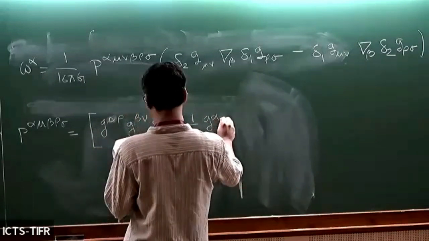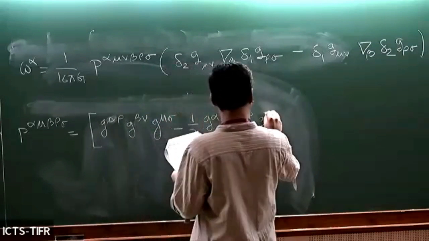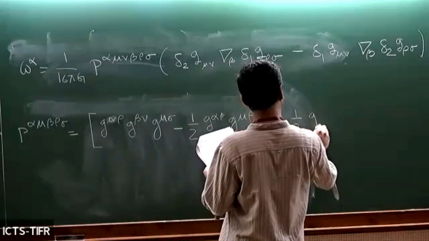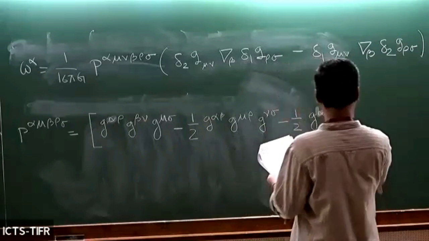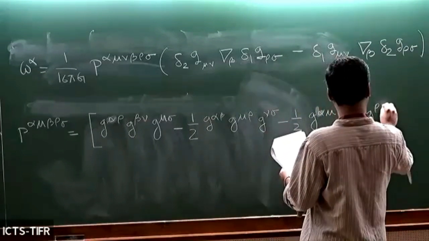So you have to be a little careful. Mu rho, mu sigma minus half G, sorry, alpha mu, let me rewrite it, G beta nu, G rho sigma.